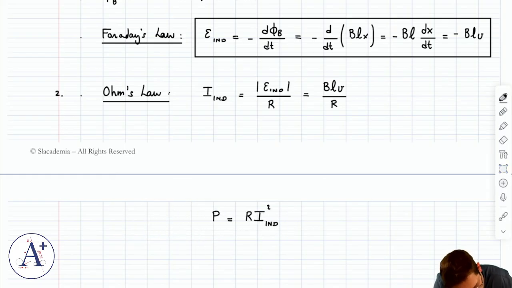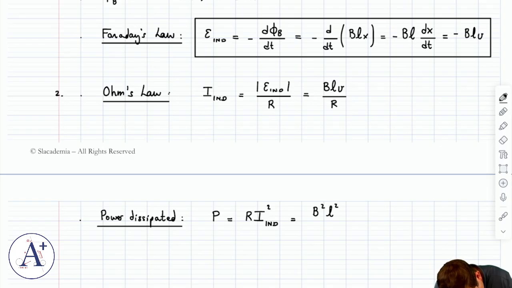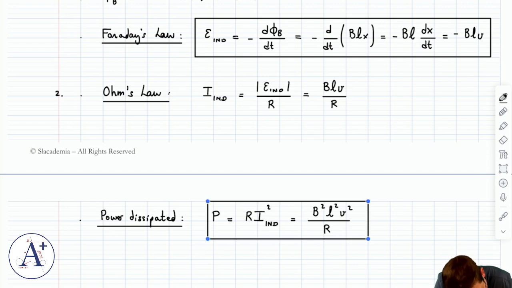I'm not going to box that because that's not really what I want to find, but the power dissipated by the light bulb, which is really just a resistor that produces light, so it's R I induced squared, is going to be equal to B squared L squared v squared divided by R squared times R. That's just going to leave R in the denominator.